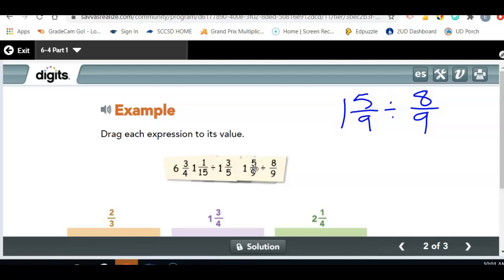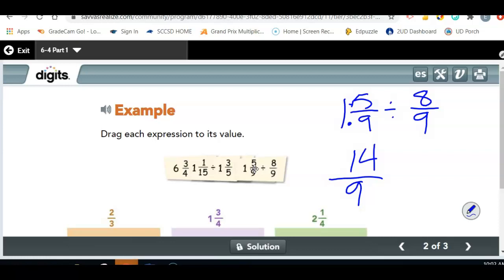If you don't know how to say it, tell me what you do to get to it. 9 plus 5. You have to do first what is 9 times 1 plus 5. Right? We're changing this mixed number into a what? Good. What's that called? Improper fraction. Good. So 14/9.